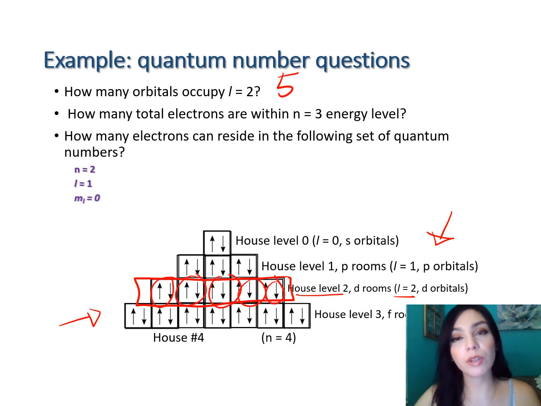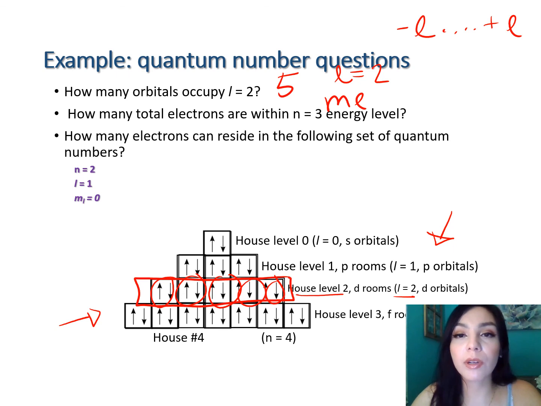Another way you can do this, if you don't want to rely on the house analogy, is that the way you get the number of orbitals within a certain level is that you determine your ML values. For L equals 2, your ML values range from -L up to +L.